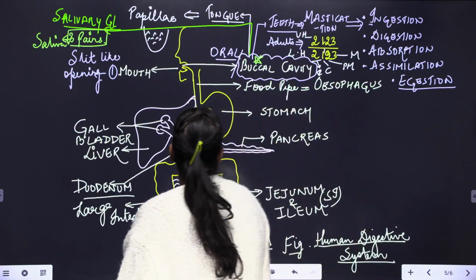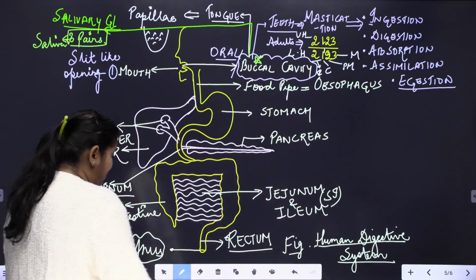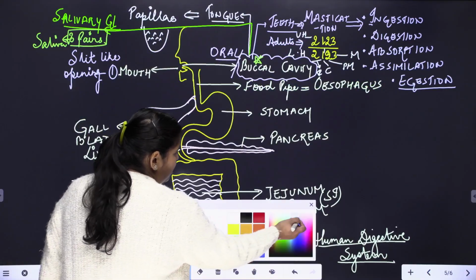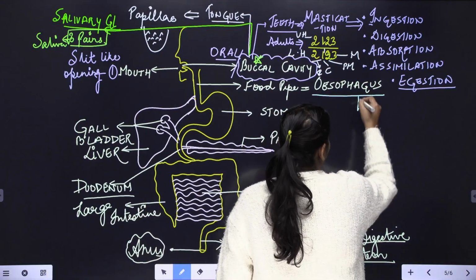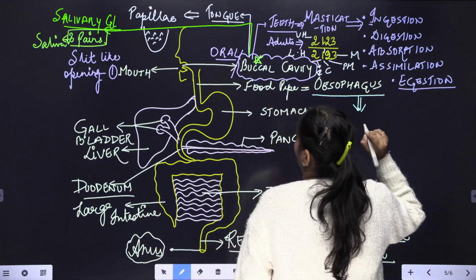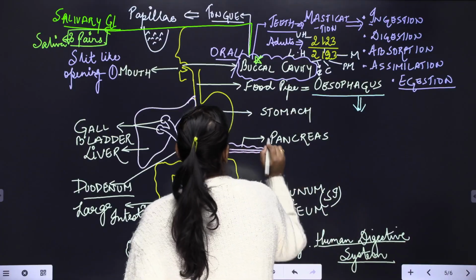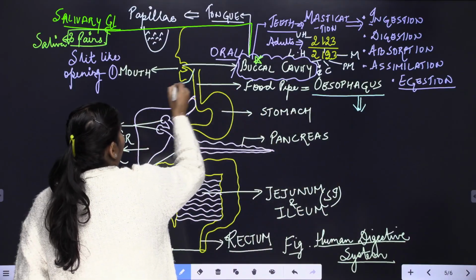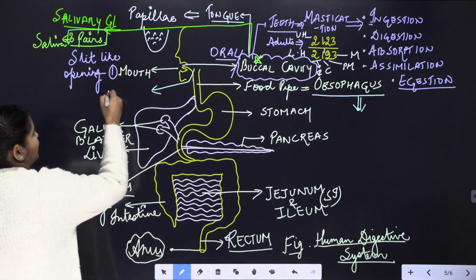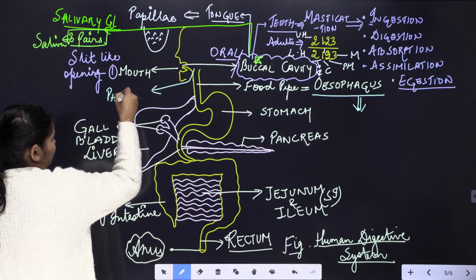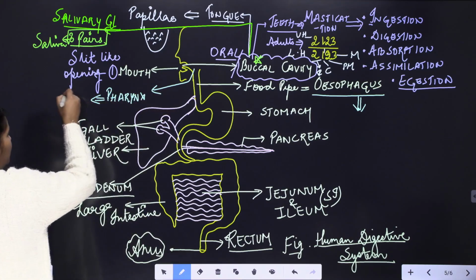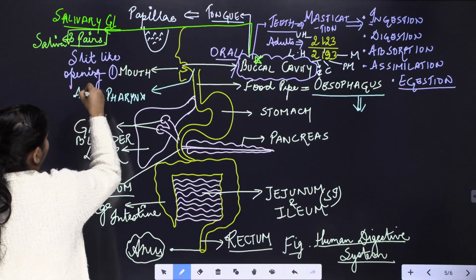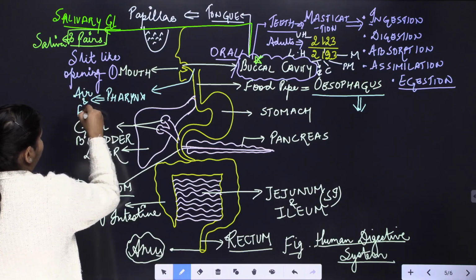Coming back to the next part, which is the food pipe or the esophagus. Before the esophagus, I would like to talk about the pharynx, a labeling which I missed. Pharynx, I told you, is a common passage for air and food.